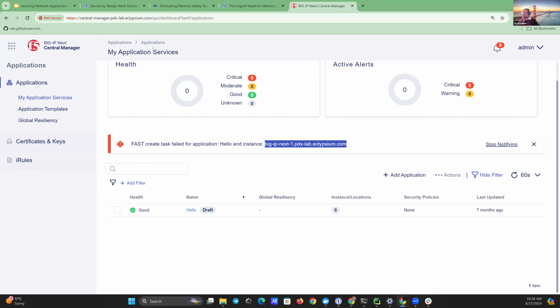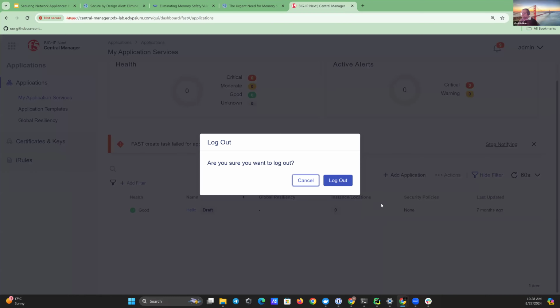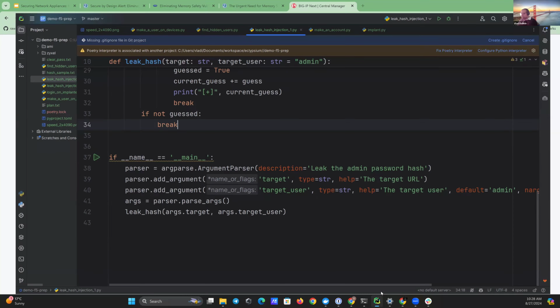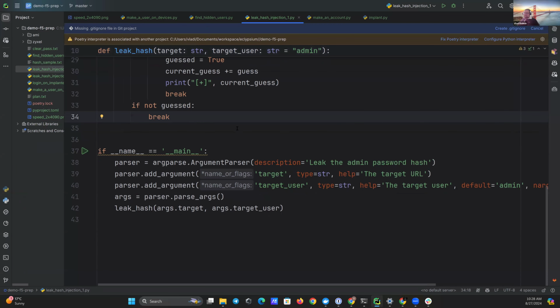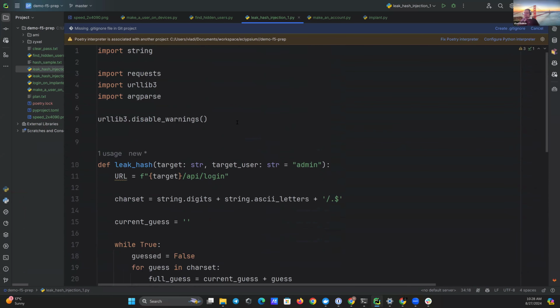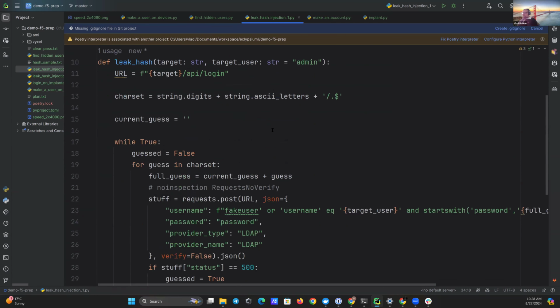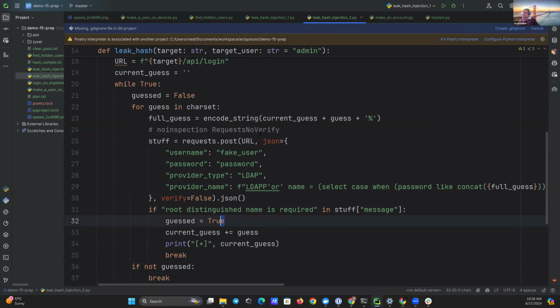Let's think about it for a moment. I will log out. The very first vulnerability I'm going to showcase is an SQL injection in the login form. So with all of these journeys through Kubernetes, through Go, through all of the isolation, through all of the memory safety, through all of the user accounts which are pretty much locking you down, you just forget the basic SQL injection in the login form, right?